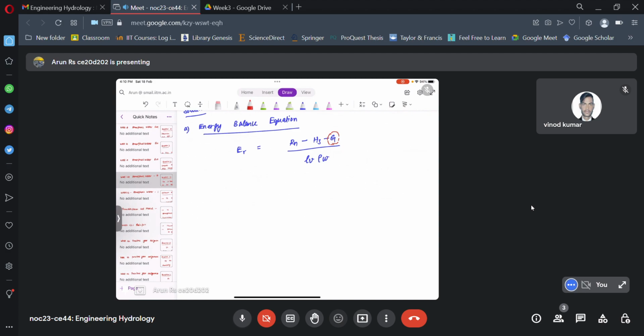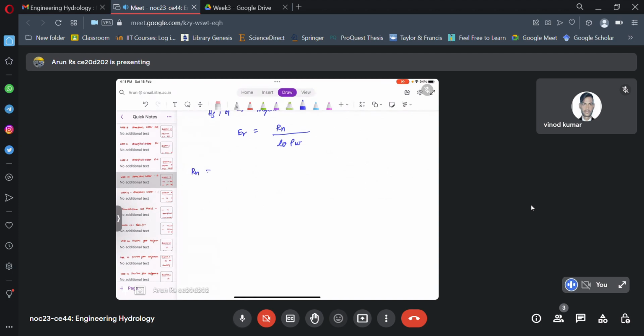Right now, in part A of the problem, we are neglecting the sensible heat and the ground heat flux. So your evaporation rate is simply net radiation divided by latent heat of vaporization into density of water. Now how to determine this net radiation?